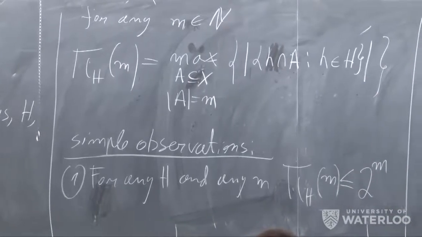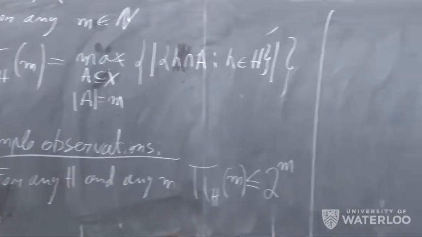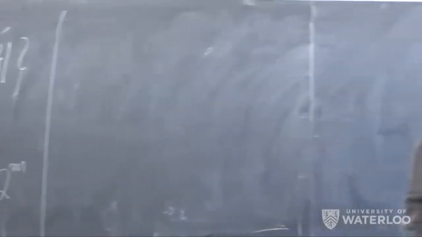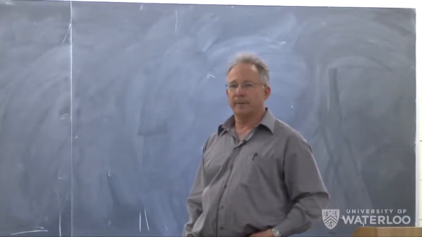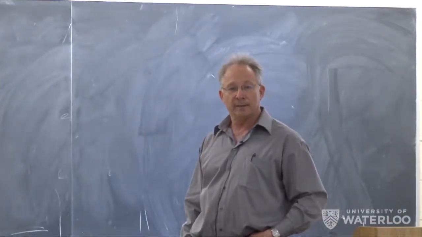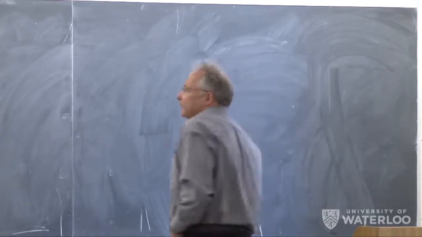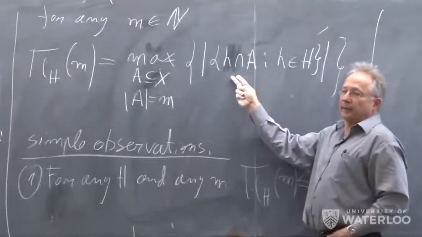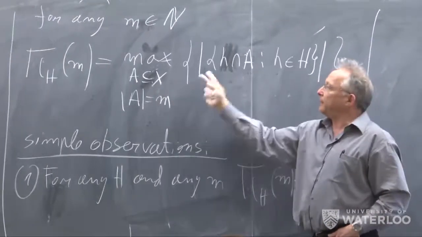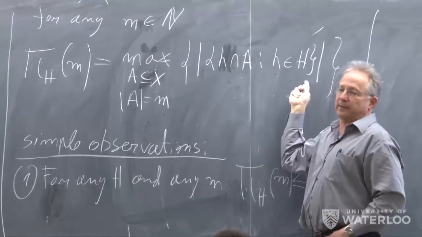Why is that the case? I'm saying this function is always upper bounded by 2 to the m. Why? It's the number of all possible subsets. In the best case, I'm cutting all possible subsets of A. And the set A of size m has only 2 to the m many subsets.